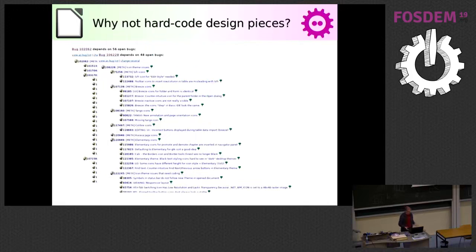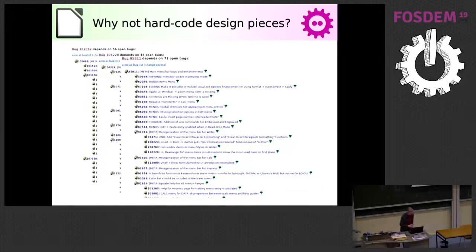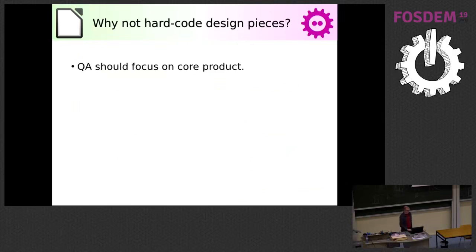The same is true for icon themes. We have many requests about icons. And this one is about the menu bar. So the point is, QA should focus on the core product. We want to encourage people to contribute. That should be as easy as possible.